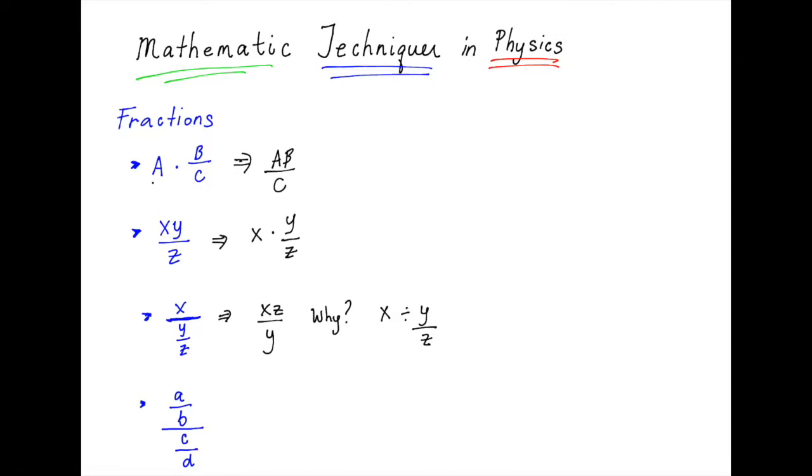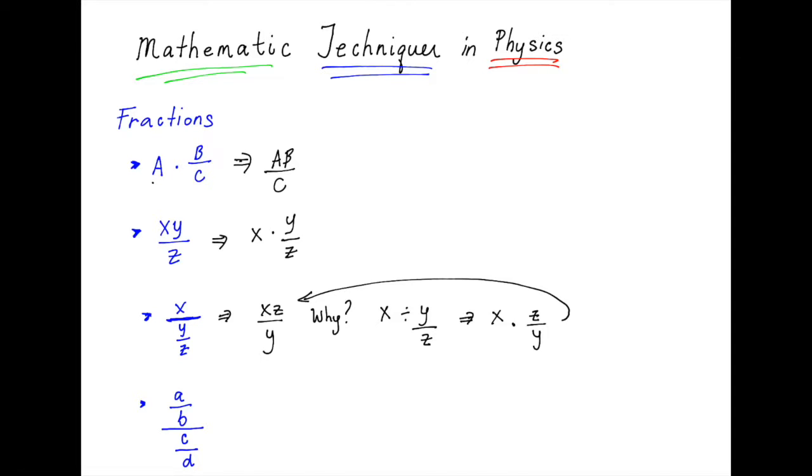And in order for us to manipulate this kind of equation, we could have x, then the reciprocal of z over y, and then make it multiply. And that would become xz over y.